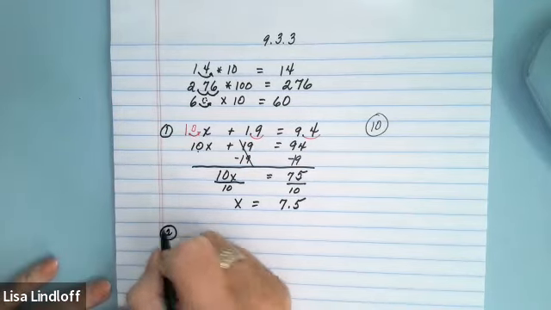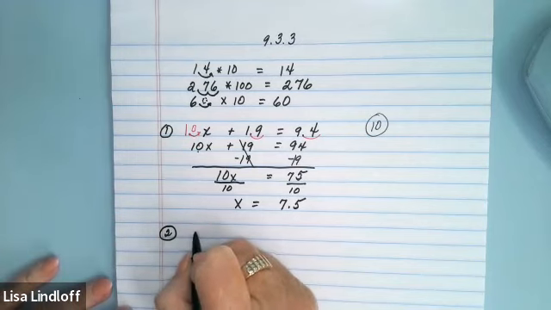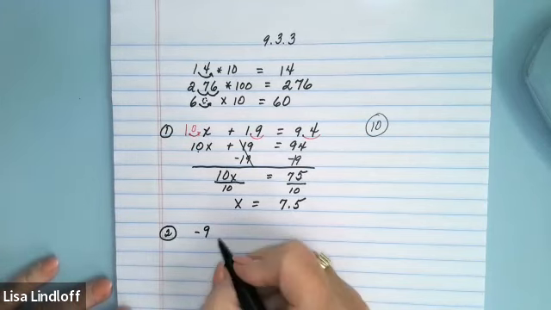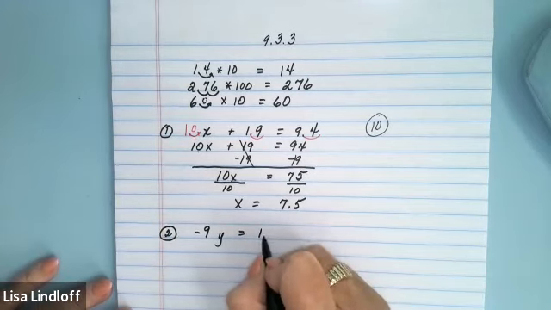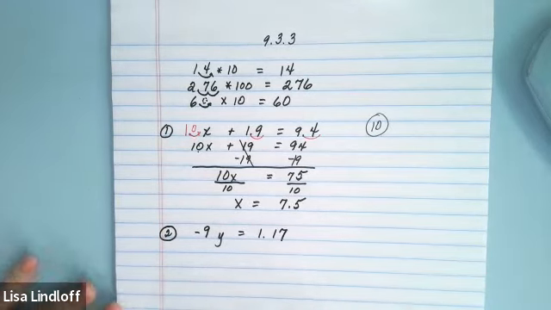Let's look at number 2. You should see something like negative 9y is equal to 1.17. Now, if you want to, you can just do the problem the way it is and divide both sides by negative 9. Use your calculator. It'll be fine.